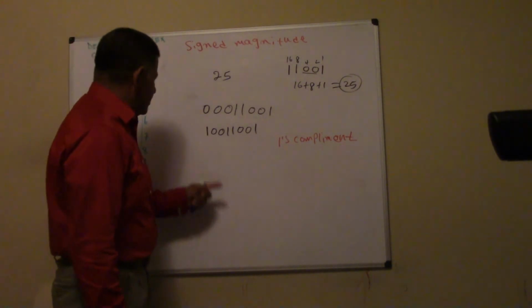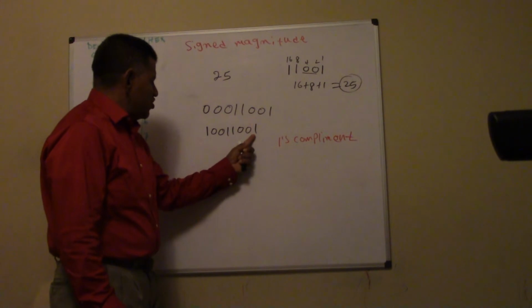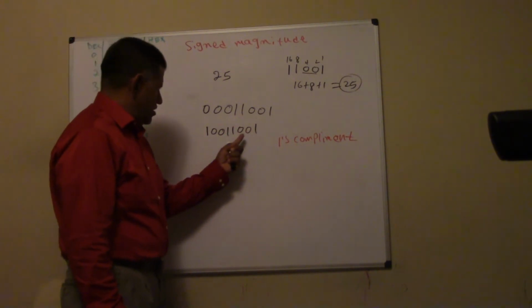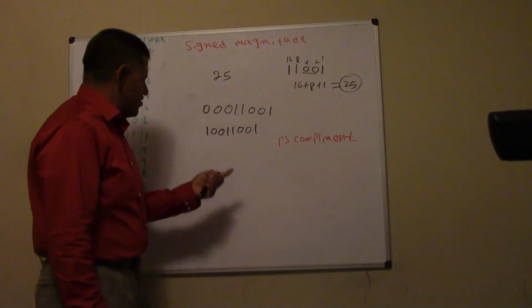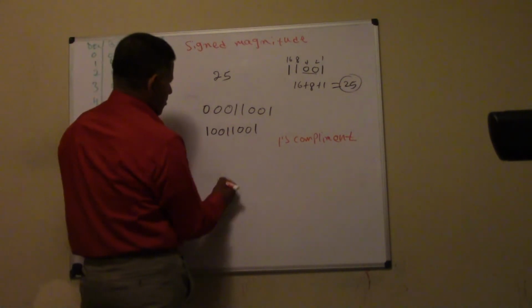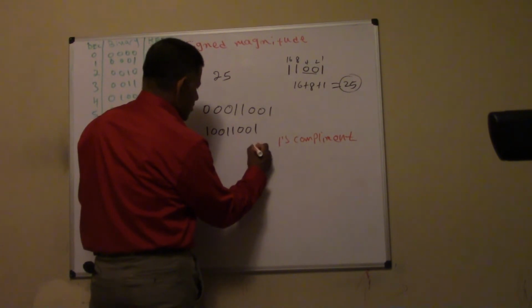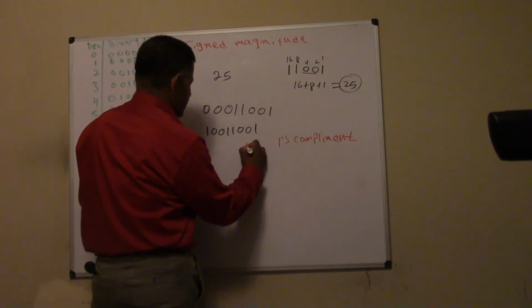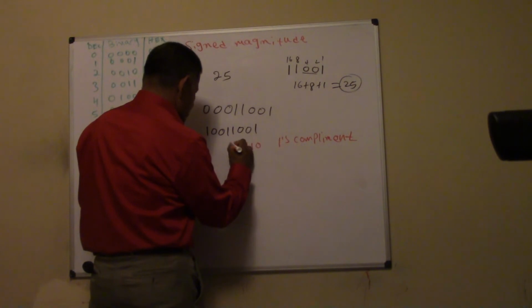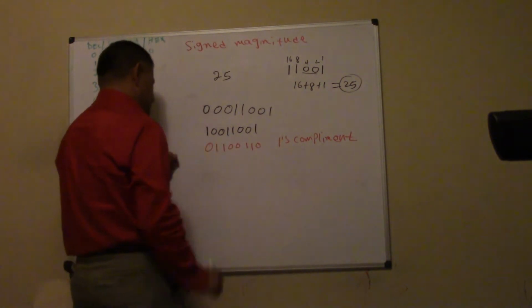In one's complement, what you do is change whatever you see as a 1 to a 0, and whenever you see a 0, you change it to a 1. So this will become, in the one's complement, 0, 1, 1, 0, 0, 1, 1, 0.